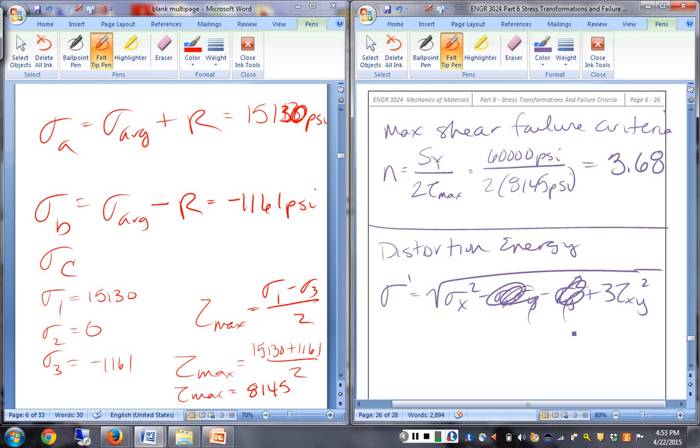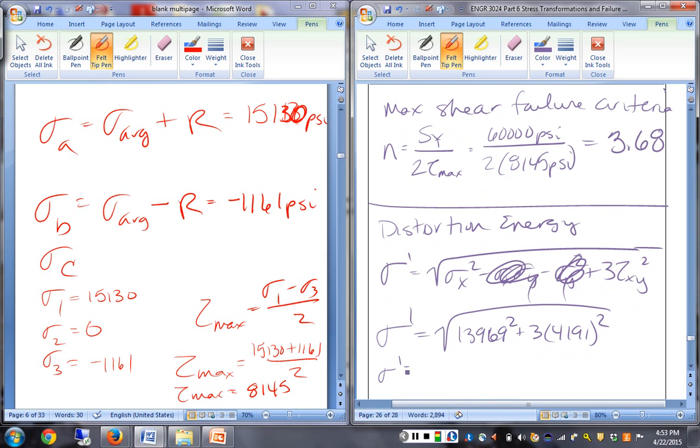Goes away, goes away. So that is the square root of 13,969 squared plus 3 times 4191 squared. Sigma prime is 15,743. And how do I get my factor of safety with distortion energy? It is just the yield strength over that von Mises stress. 60,000 over that number is 3.81.